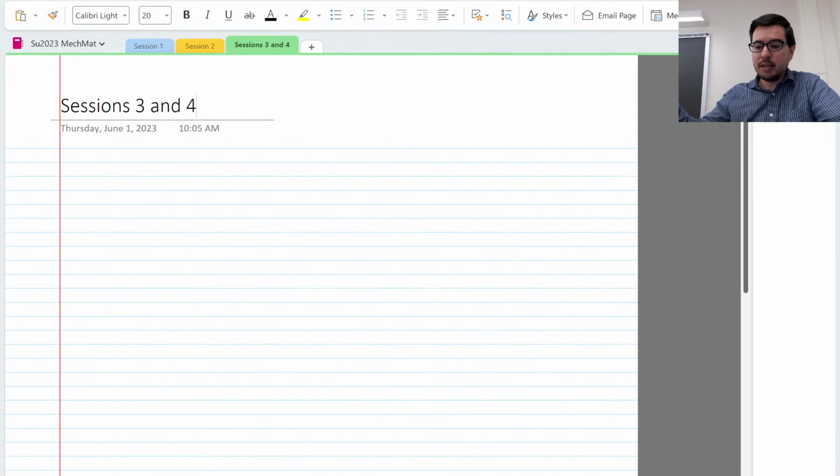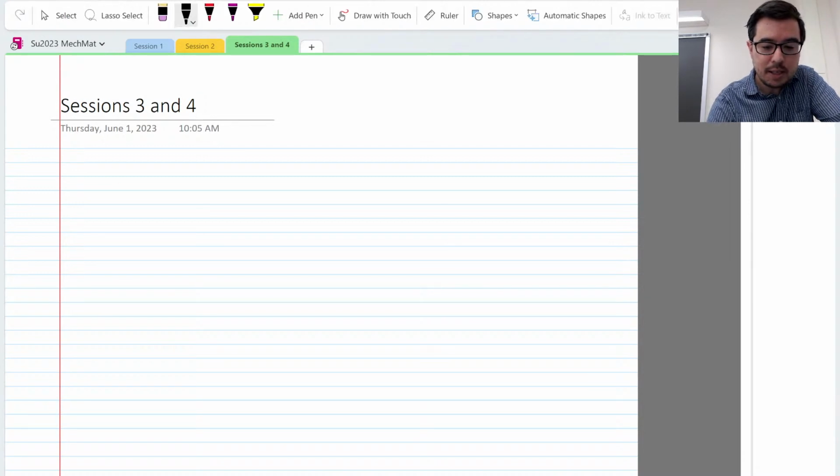I just wanted to point out a couple of things with both stress and strain, and also with the work we're doing with axial loading. So first, with axial loading, you'll see that we're now thinking of bars as springs, okay?